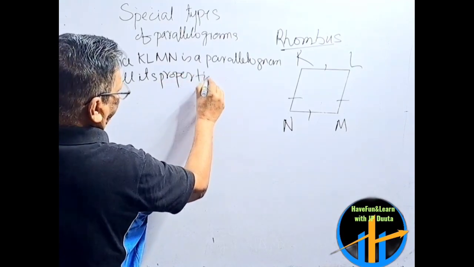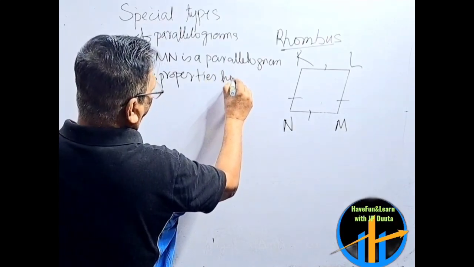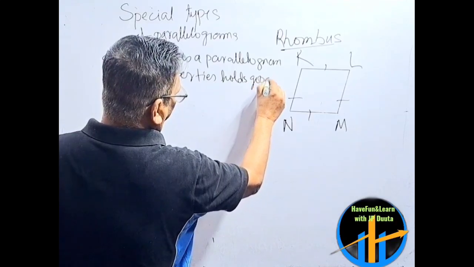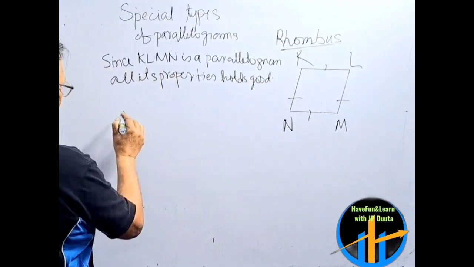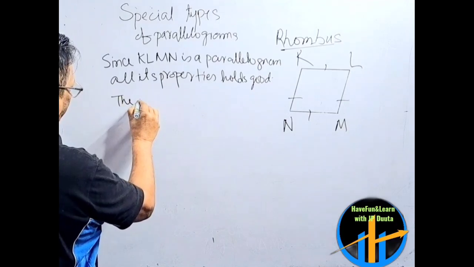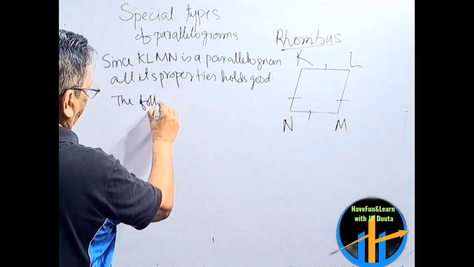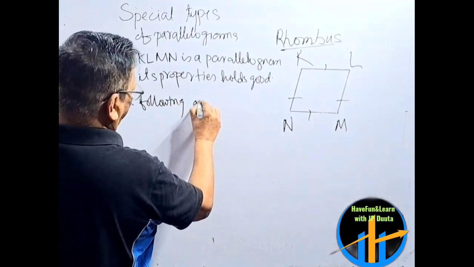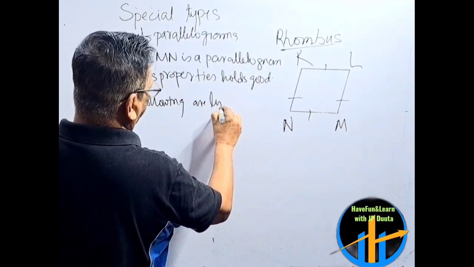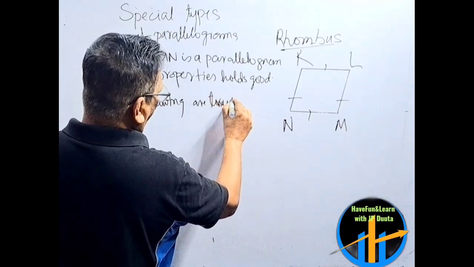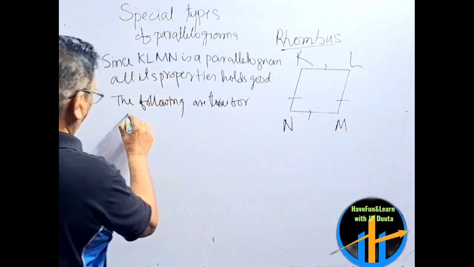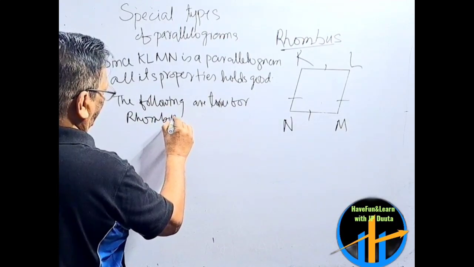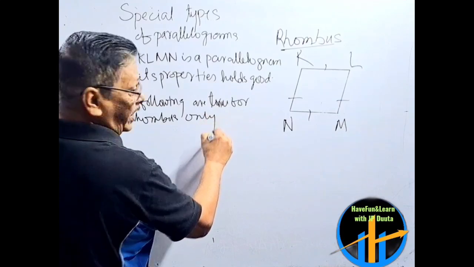Since it is a parallelogram, all its properties hold good. The following are true for a rhombus only. What are they?